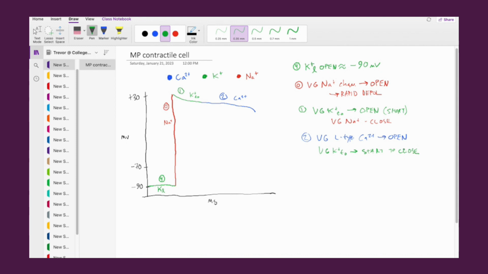So if we look at these two events here, to kind of explain why we see this plateau. Remember, a plateau is just a flattish area here, and that's what we see here. So if we think about this, it makes sense, right?